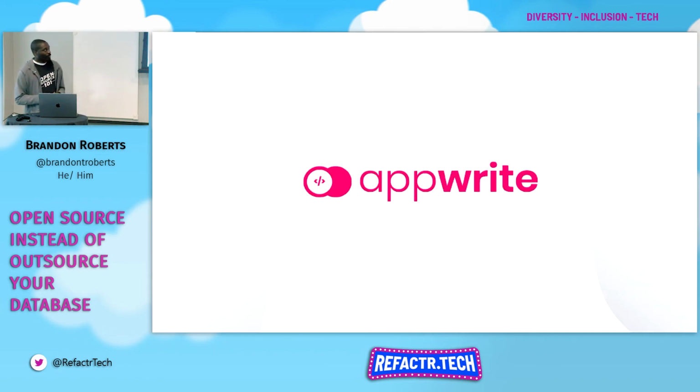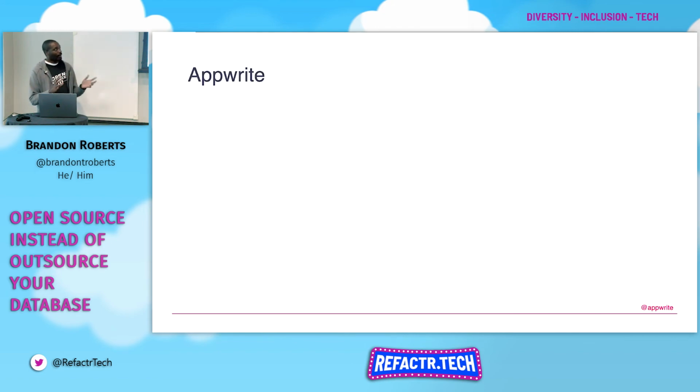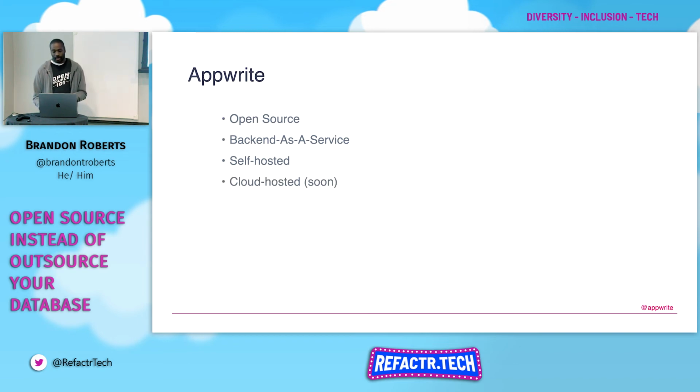So that kind of brings me to AppWrite. AppWrite is an open source project. It's considered to be a backend as a service just because a lot of these things that we talked about are wrapped up in there. It's self-hosted in that you can take it and run it on your own infrastructure.